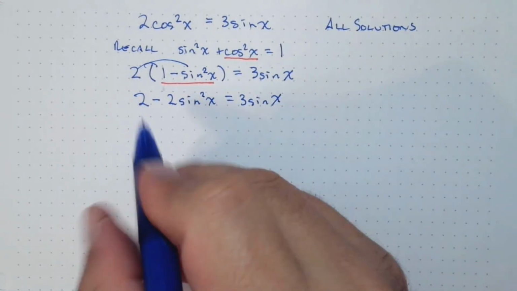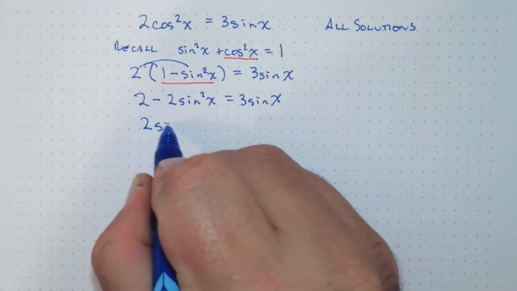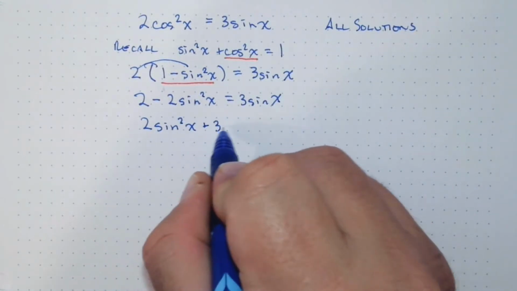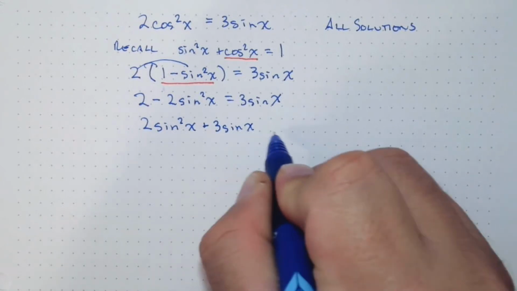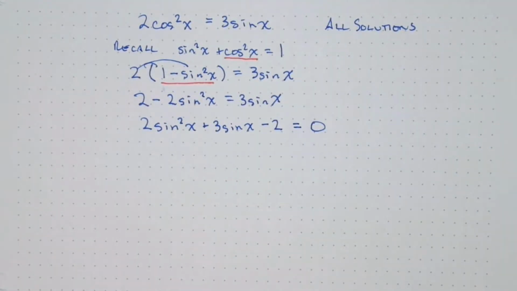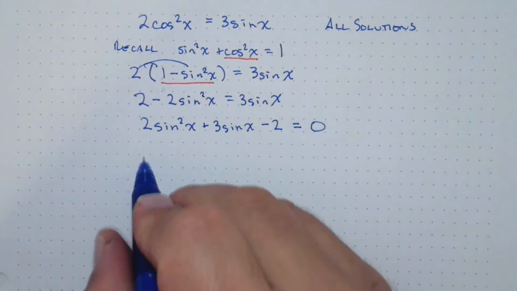Rearranging my equation, I've got 2 sine squared of x plus 3 sine of x minus 2 is equal to 0. I look to determine if this is factorable.